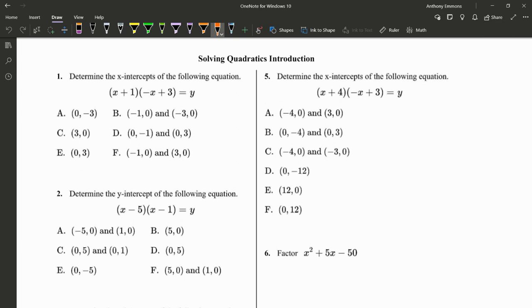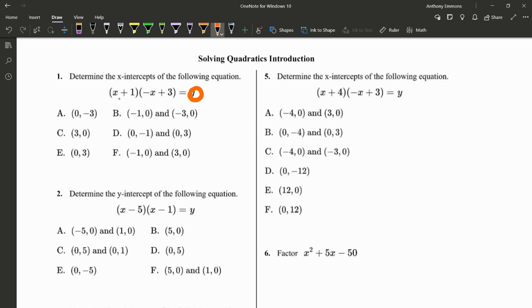Really quick, what we're going to do in this format is change this y to a 0. Then we're going to use what's called the zero product property, which says that when you multiply any number of factors, if the product is 0, one of those factors has to be 0.